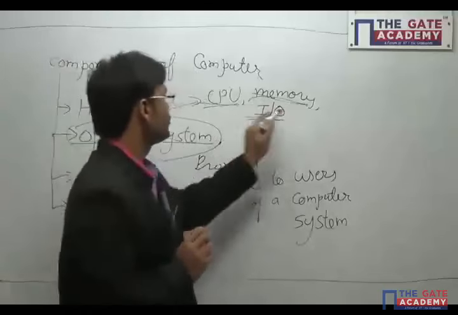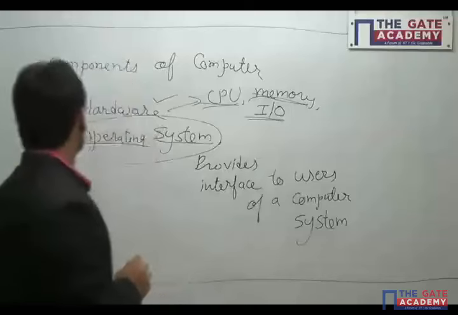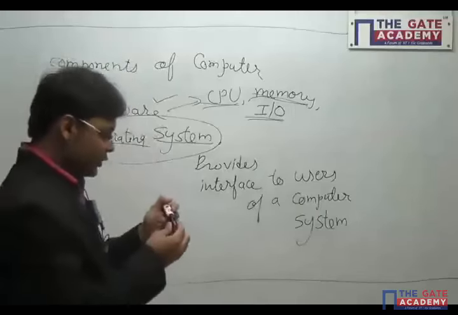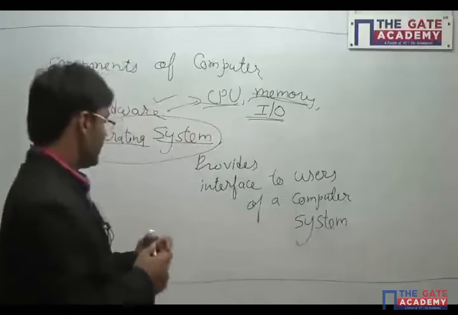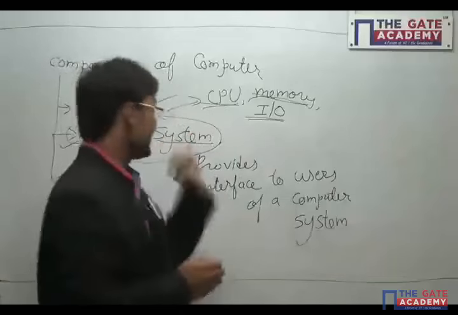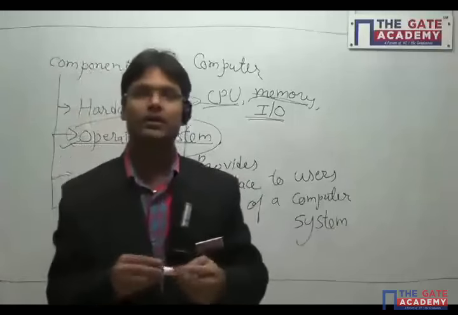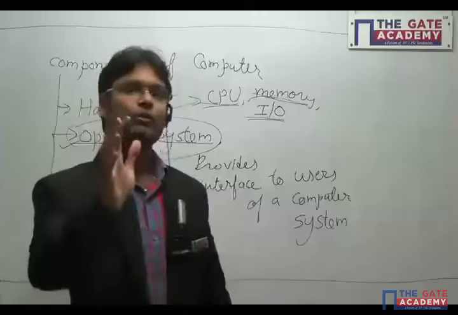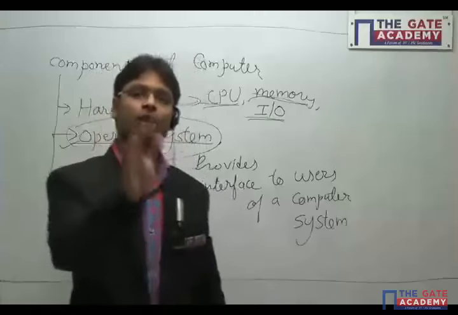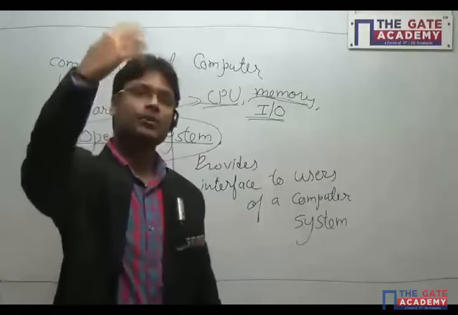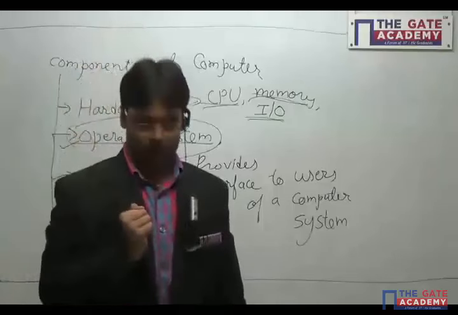Okay, if you want to use IO, then you can use IO through operating system. Okay, so the thing is, if a user wants to use anything, means if you want to go for MS Word, any application program, if you want to run, then you will have to install the operating system first, and then on top of operating system you will install the application programs.